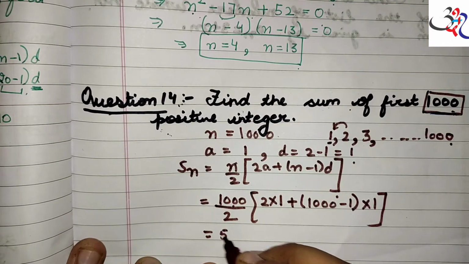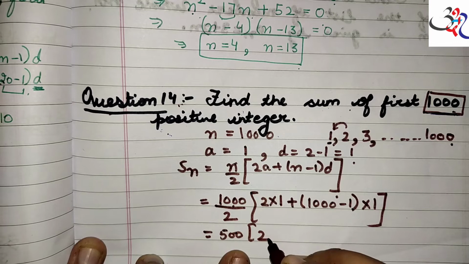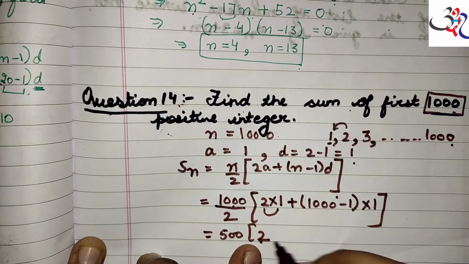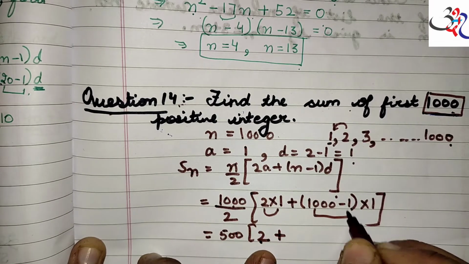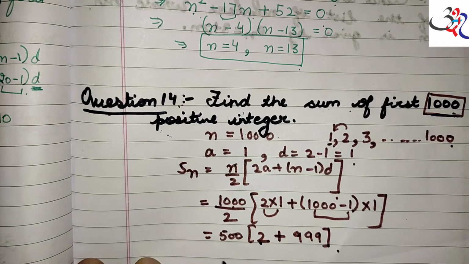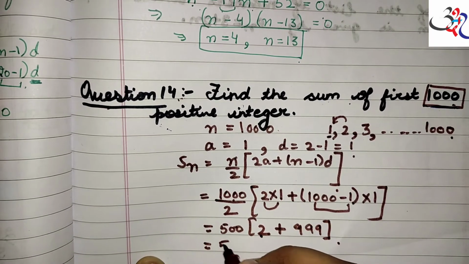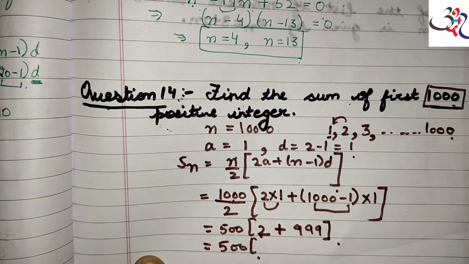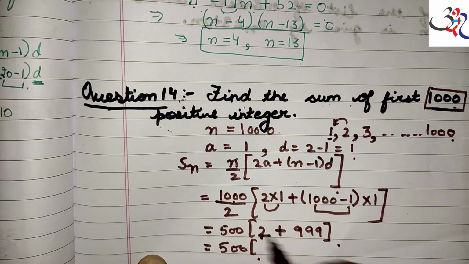So it will be 500 into 2 into 1, which is 2, plus 1000 minus 1, which will be 999.